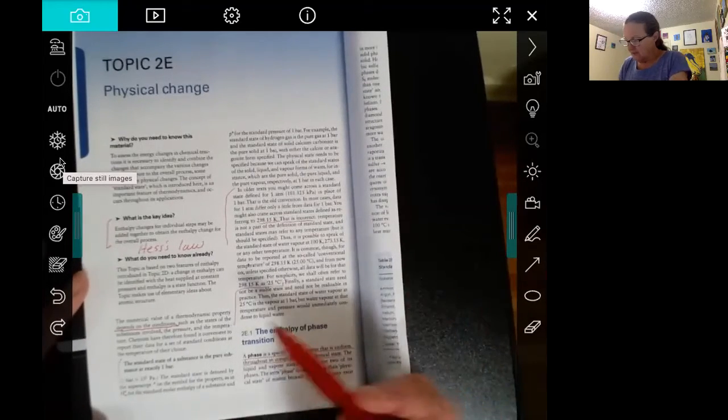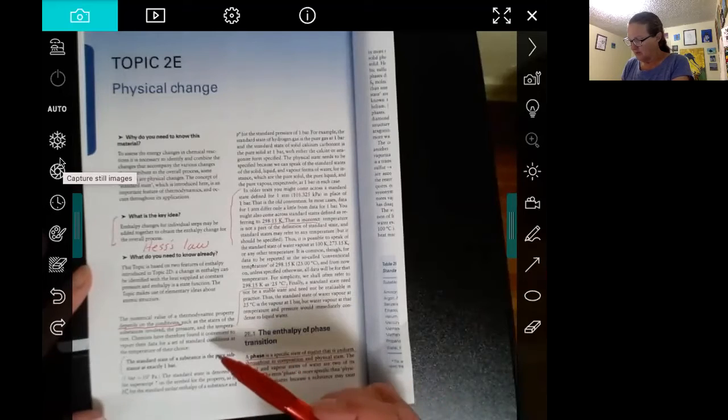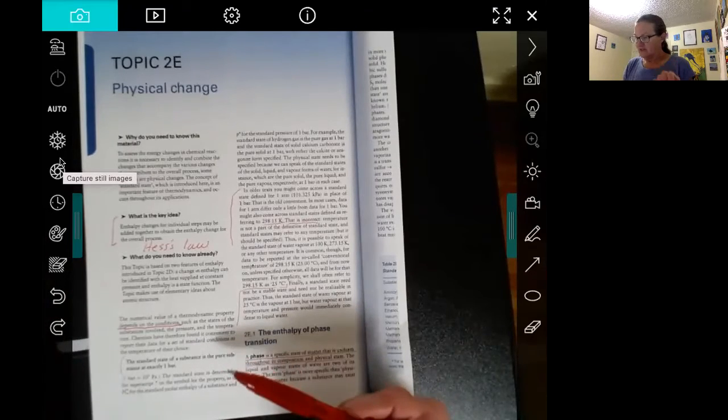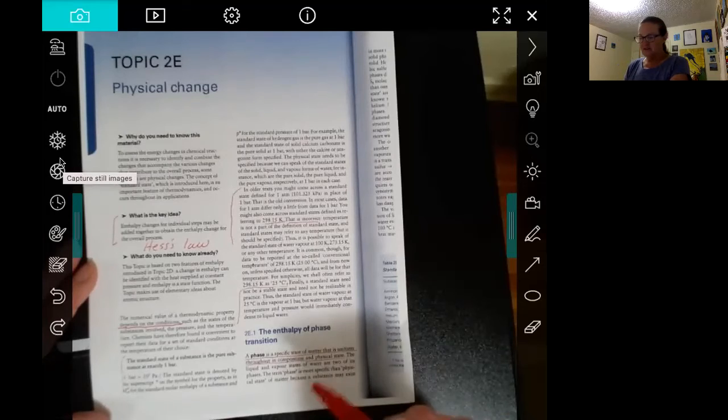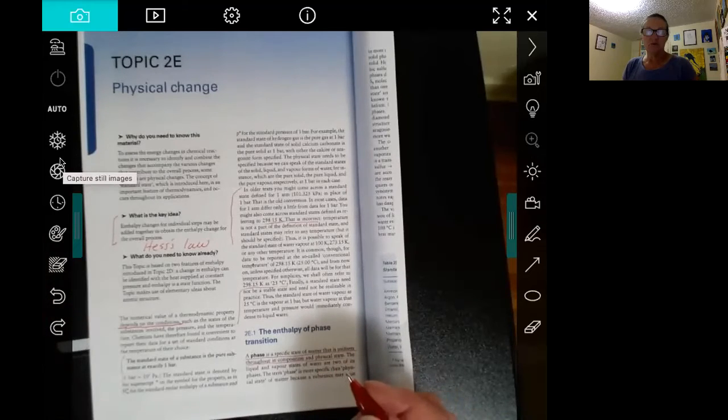So some of the things we have to remember about thermodynamic functions is, number one, their values depend on the conditions. So what the pressure is, what the temperature is, what the quantity is. And so we're going to define a standard state so that when we look up thermodynamic functions, we'll know what we're dealing with.